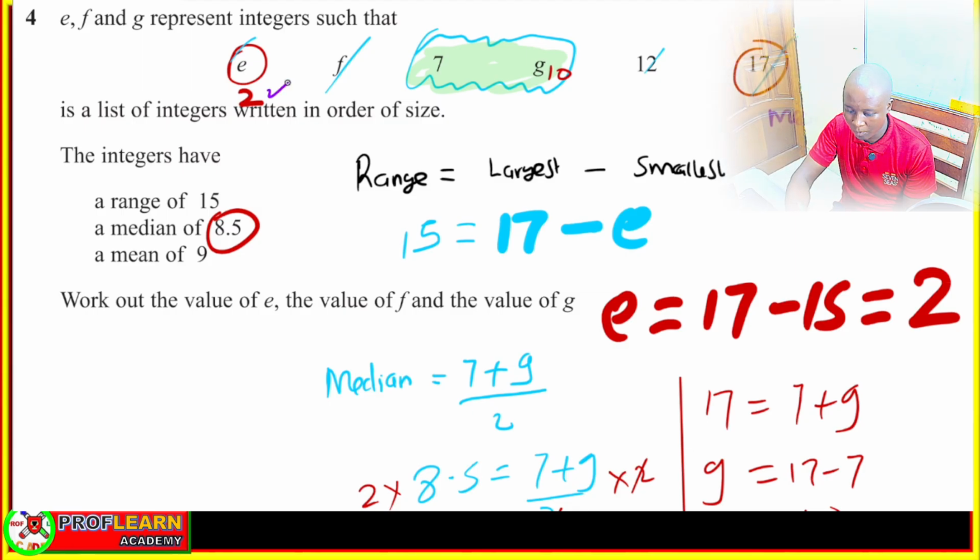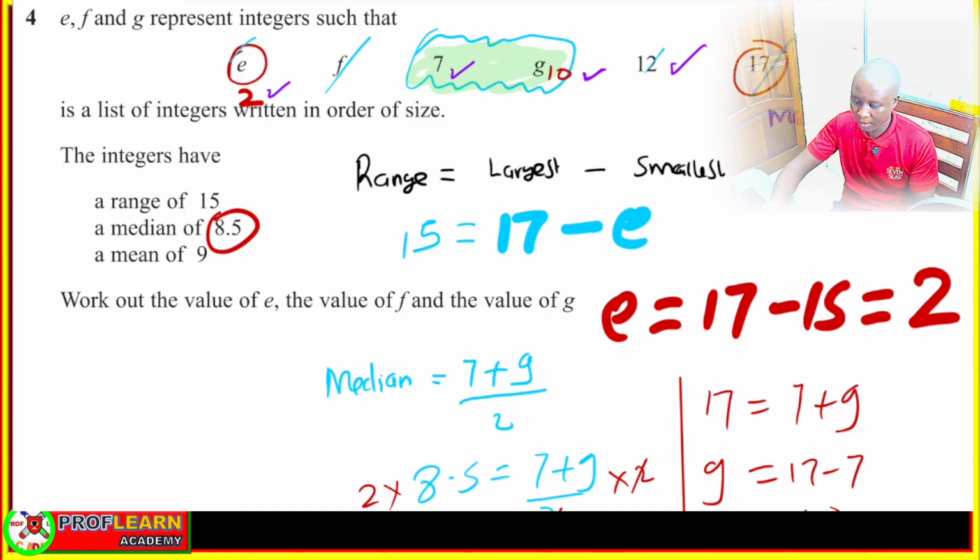So this is 2 plus 7 plus 10 plus 12 plus 17.